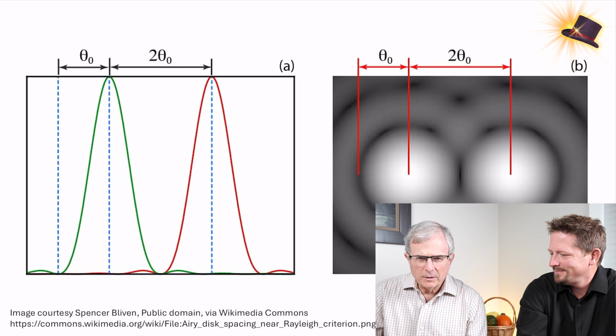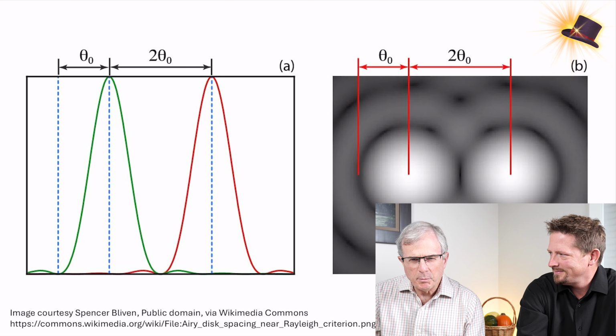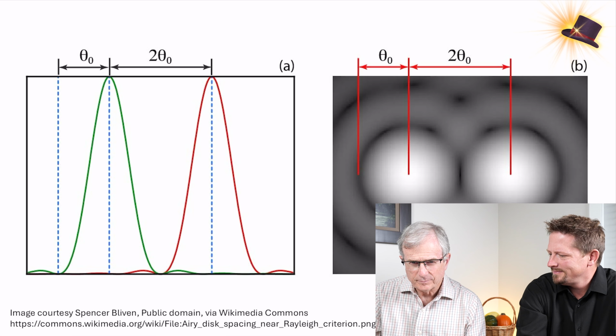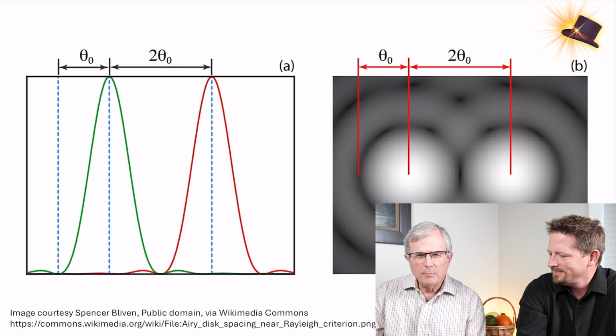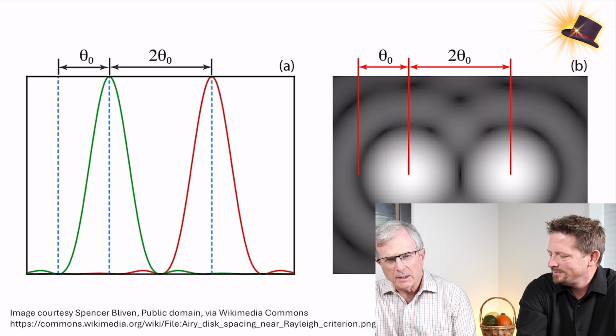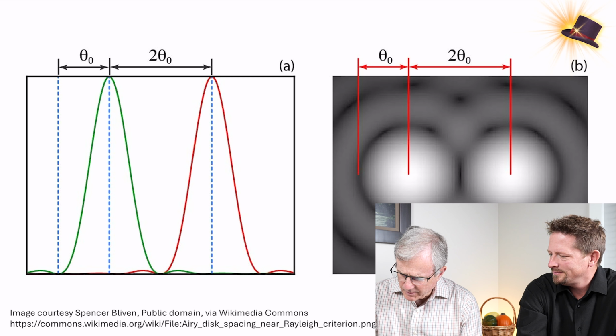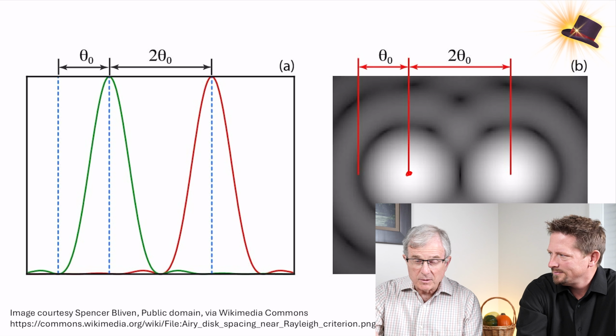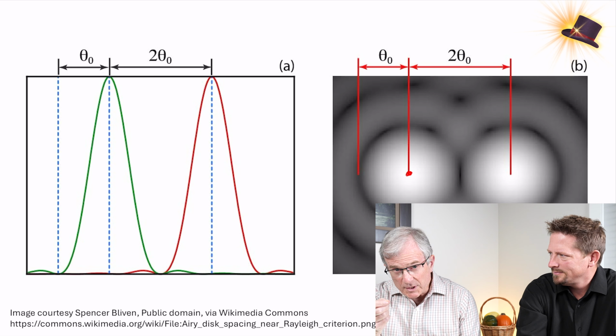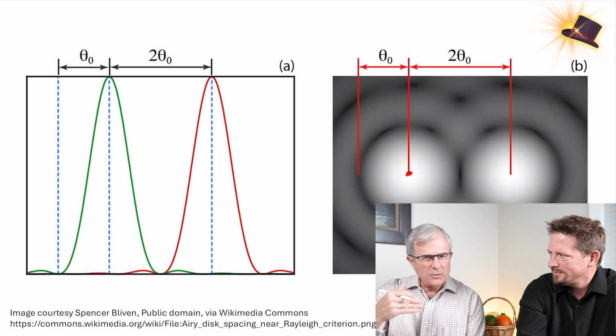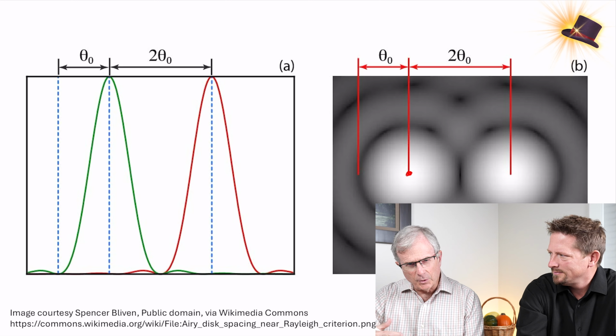What I'm showing here are two Airy patterns on the right that are separated by twice the disk radius. In the previous video we talked about the distance between the center of an Airy pattern. Airy patterns are created by pinpoint stars passing through the optics and then created on the sensor.